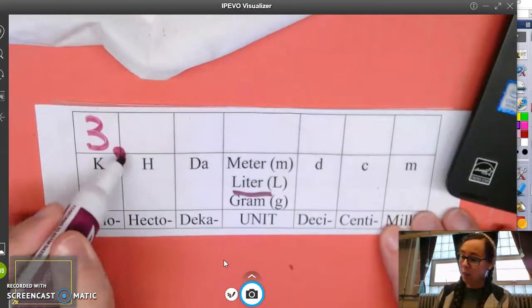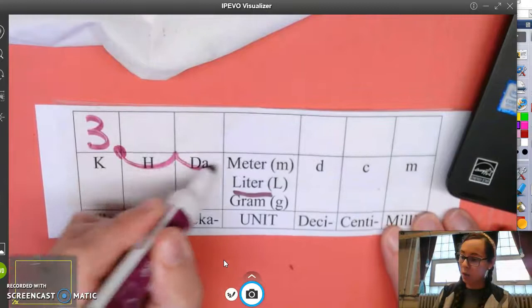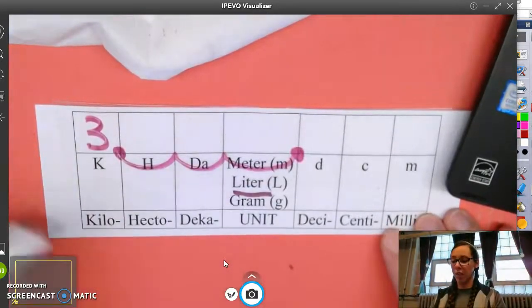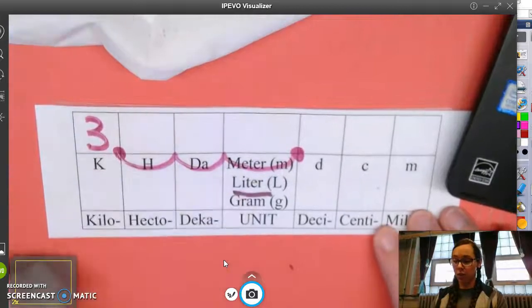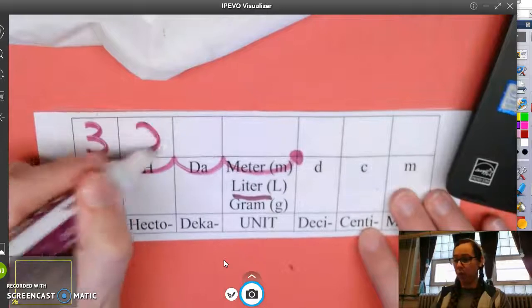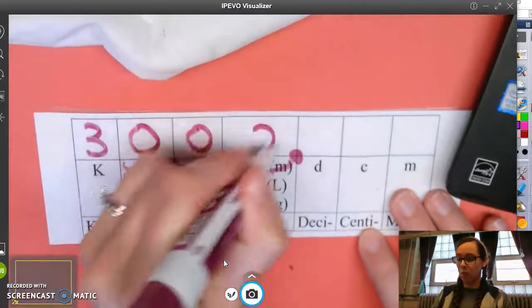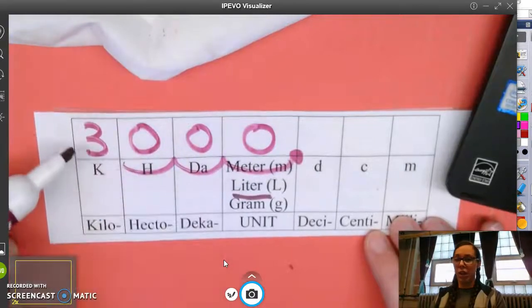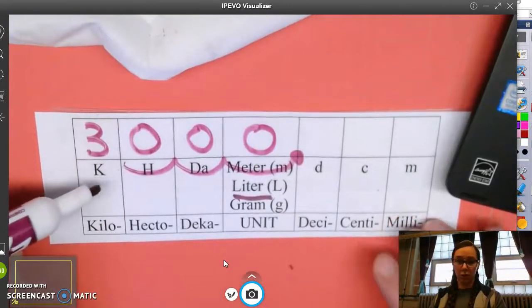So I'm going to move my decimal 1, 2, 3 boxes in order to get to the liter section. Take out that old decimal point and fill in these empty boxes with zeros. So it'll take 3,000 liters to make 3 kiloliters.